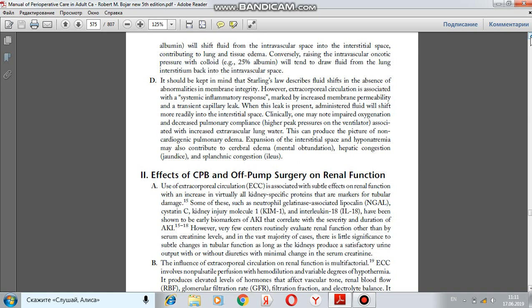Clinically, one may note impaired oxygenation and decreased pulmonary compliance, higher peak pressures on the ventilator associated with increased extravascular lung water. This can produce the picture of non-cardiogenic pulmonary edema. Expansion of the interstitial space and hyponatremia may also contribute to cerebral edema, mental obtundation, hepatic congestion, jaundice, and splanchnic congestion, ileus.